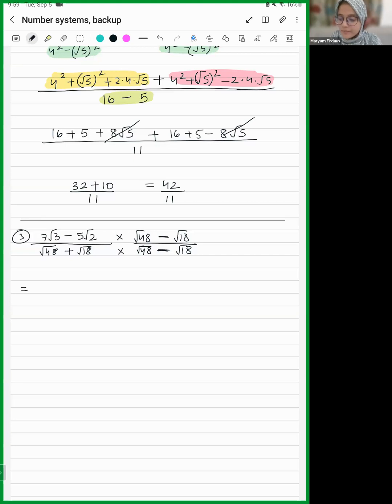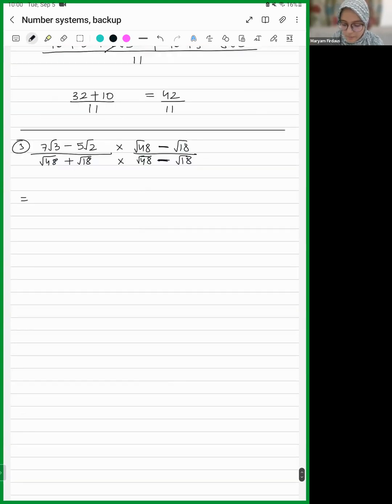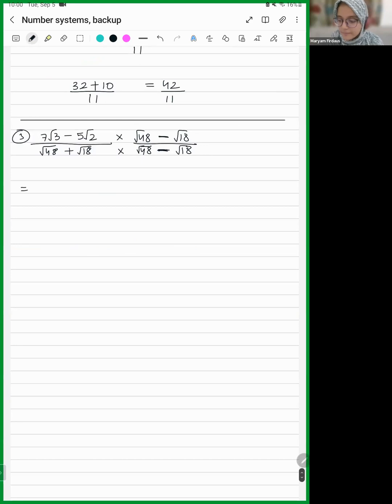Munir? Yes, ma'am. So, shall we continue from here? Tell me what will happen in the numerator. Ma'am, it will be one.